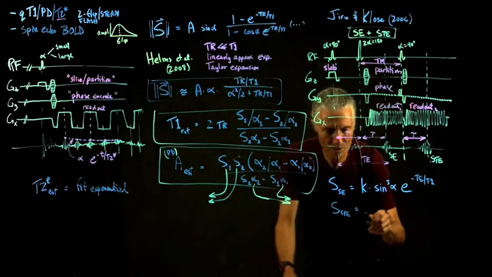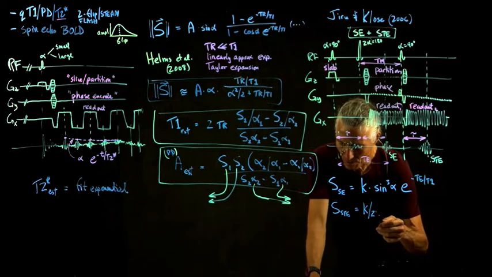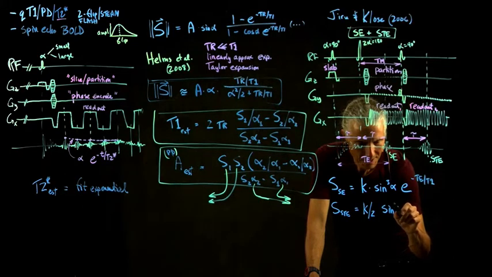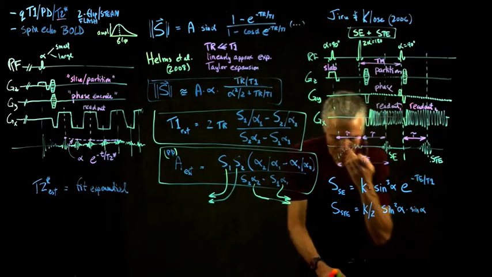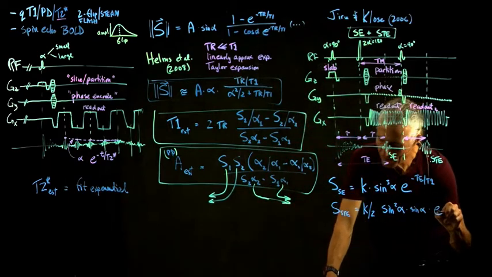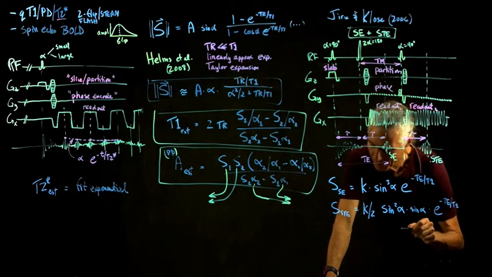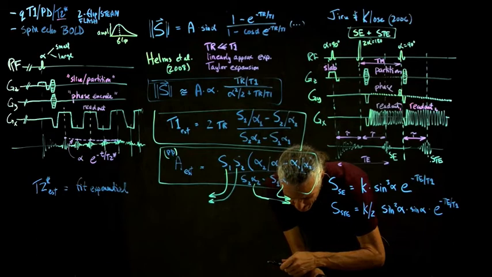The stimulated echo amplitude equals this proton density basically over 2 times sine, I had sine cubed, but I meant sine squared alpha times sine alpha, so it's basically sine cubed again, but times e to the minus TE over T1. And is that, yeah, T2.